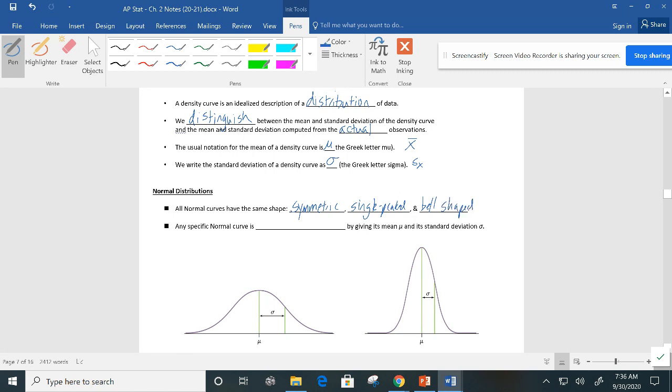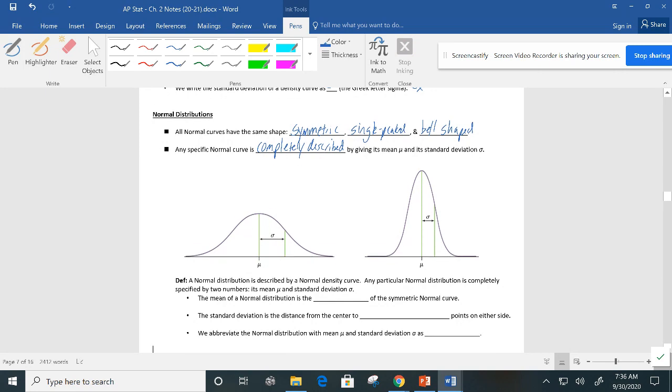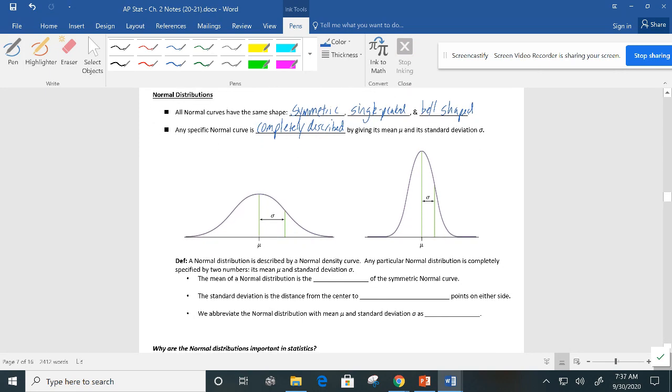Any specific normal curve is completely described by giving its mean and its standard deviation. As you can see down below in our two pictures, these are both examples of normal distributions. However, they're different in terms of their standard deviations. But they are both normal distributions. They're both symmetric, single-peaked, and bell-shaped.